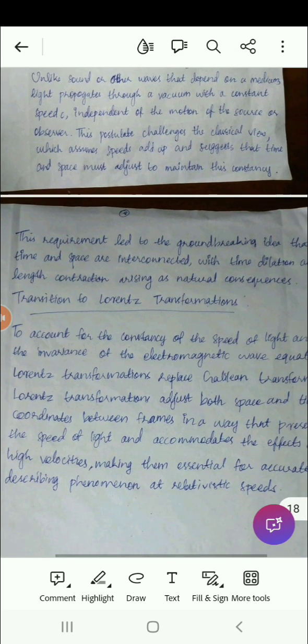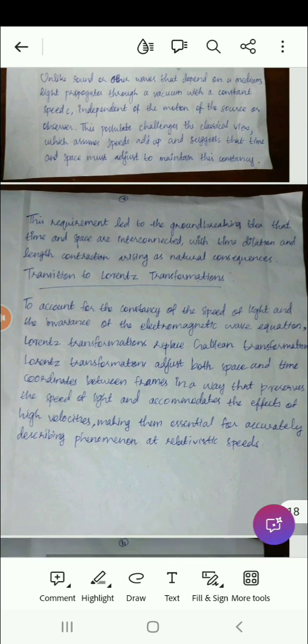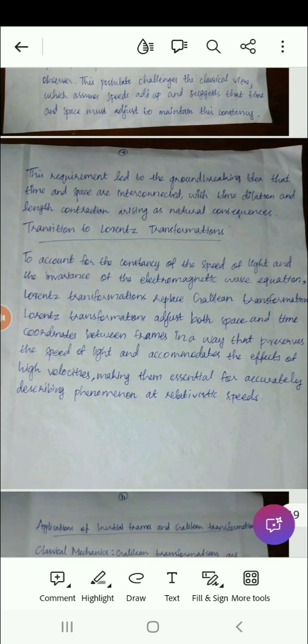This postulate challenges the classical view, which assumes speeds add up and suggests that time and space must adjust to maintain this constancy. Right? So, this requirement led to the groundbreaking idea that time and space are interconnected, with time dilation and length contraction arising as natural consequences.